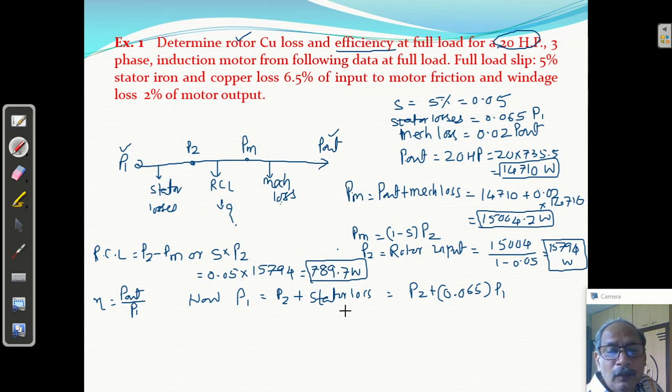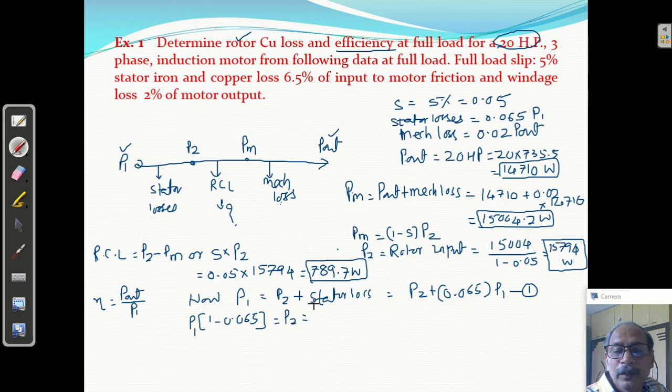Let us call this equation number 1. Bringing the term across, P1 into (1 minus 0.065) equals P2.